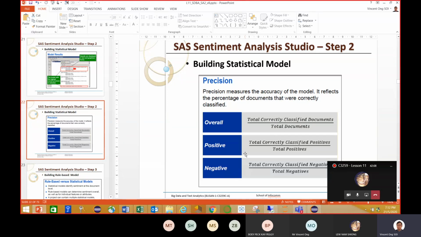Remember, you have the confusion matrix that you learned in predictive analytics: true positive, false positive, and all those things. The positive and negative are also calculated that way. Total positive, but how many are actually done correctly? All these calculations are done by the system.